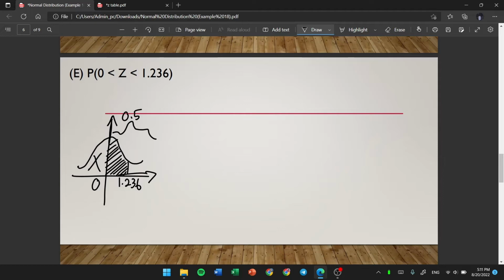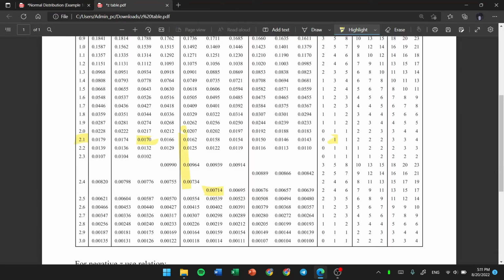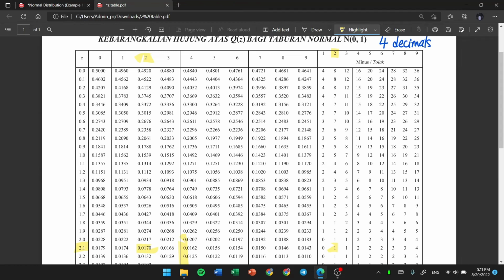So we can just take P Z greater than 0 minus P Z greater than 1.236. Then P Z greater than 0 is 0.5 here.